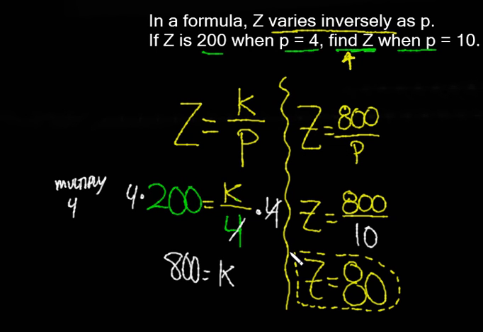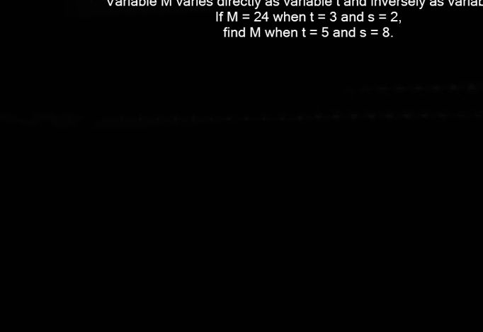All right, and one more to do. Remember, if you get left behind, just pause it. This one still cuts off your screen. Variable M varies directly as variable T and inversely as variable S, which you can't see. So this one's got a double thing.